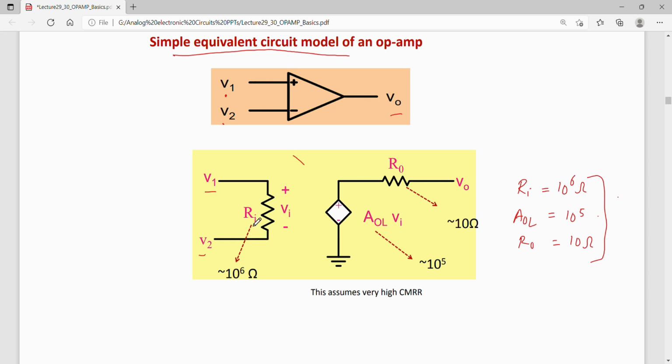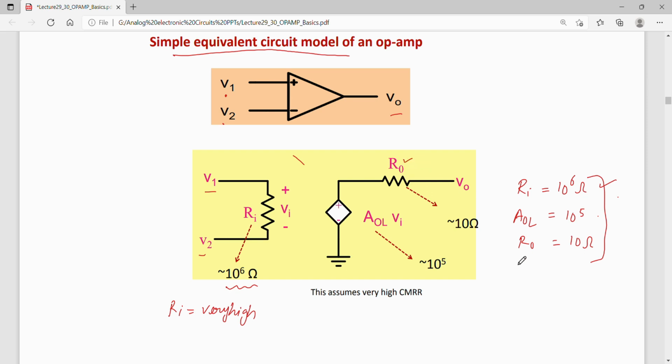We had already commented that input impedance should be very high or infinite. So let us say that this op-amp is not ideal, but near to ideal, so that we can assume Ri is very high, say 1 mega ohm. Then on the output side of this equivalent circuit, we have the output impedance.